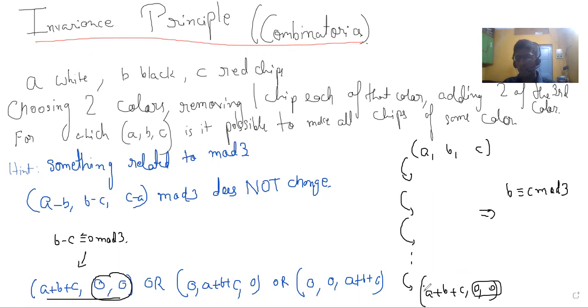And because finally the first coordinate and second coordinate difference is the same as the first coordinate, right? So what can we say about the initial things you start with?